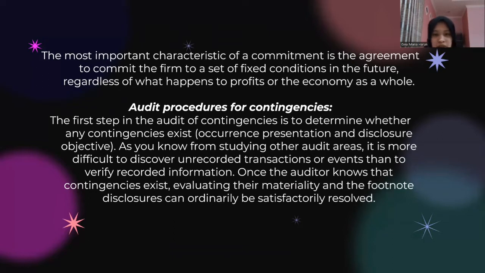As you know from studying other audit areas, it is more difficult to discover unrecorded transactions than to verify recorded information. Once the auditor knows that contingencies exist, evaluating their materiality and the footnote disclosures can ordinarily be satisfactorily resolved.